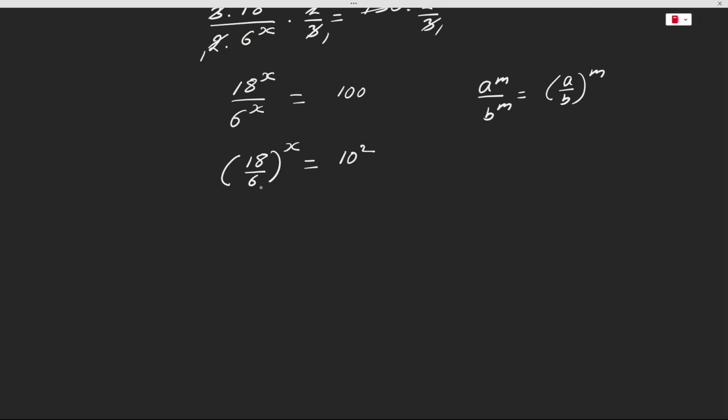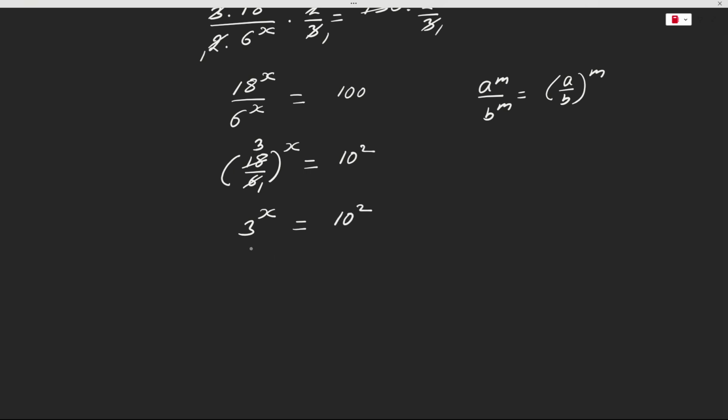Here 18 and here 6 will be reduced by 6. 6 will be reduced 1 time and 18 will be reduced 3 times. This equals 3^x equals 10 square.